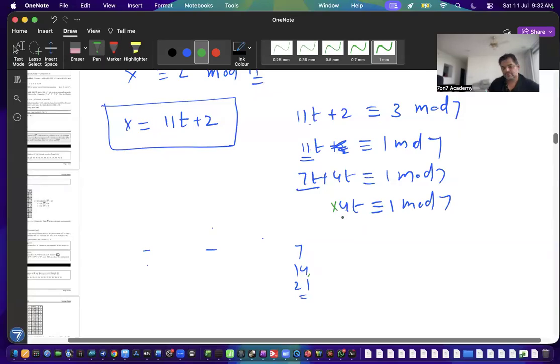Then 28, no. After that 35, will it work? 36, since 9 times 4 is 36. We're trying to multiply here something which is 1 more than a multiple of 7.